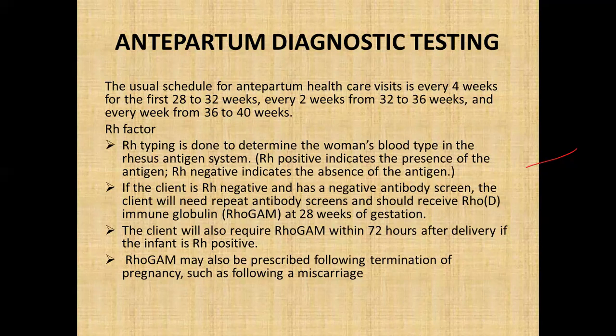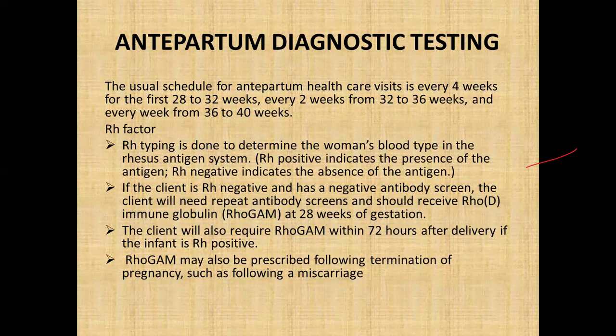And so that is why when one is pregnant, we have to do the blood groupings. And then after doing the blood grouping, we have to identify whether the person has the antigen or not. And so we term that as rhesus positive and rhesus negative. And so when you are pregnant and you visit your first visit within the first trimester before 28 weeks, usually the first time you go, they'll have to do all the labs.